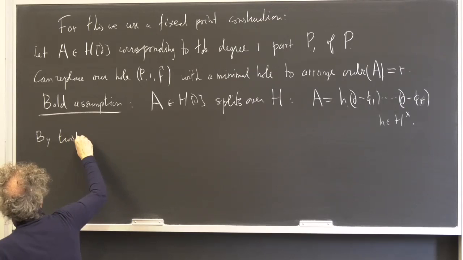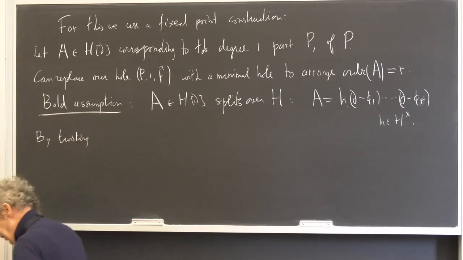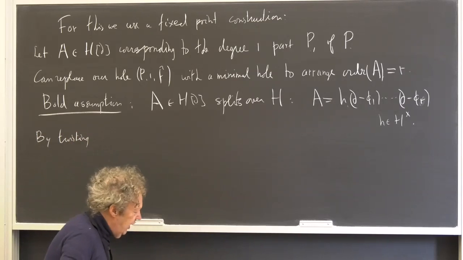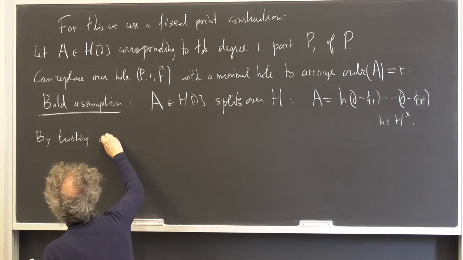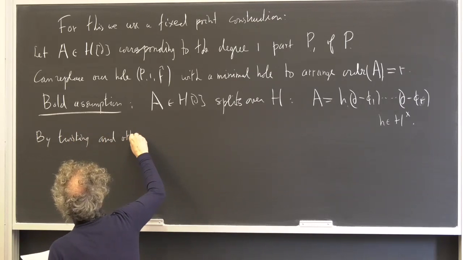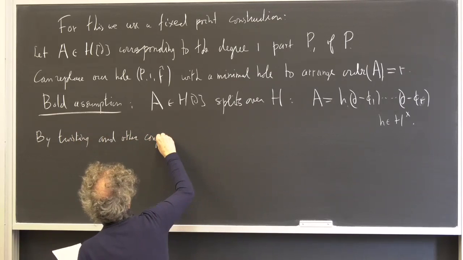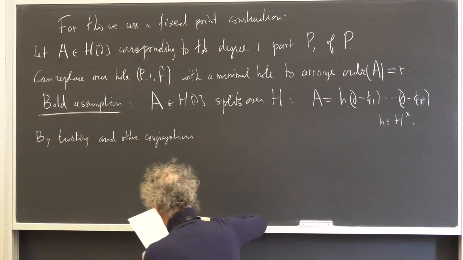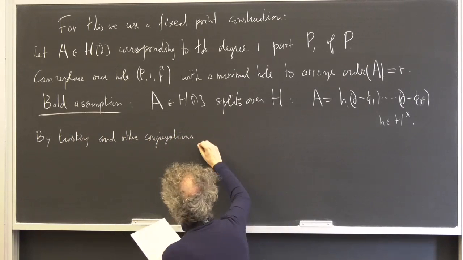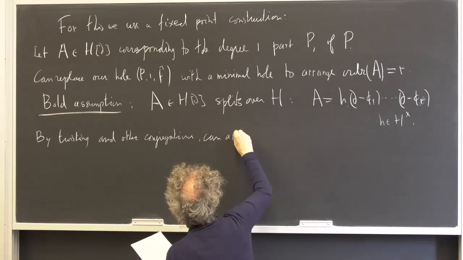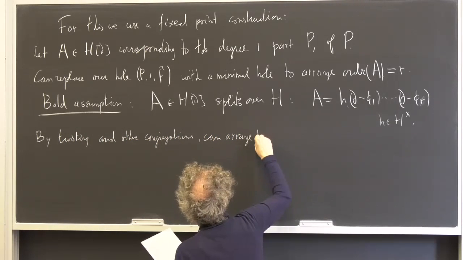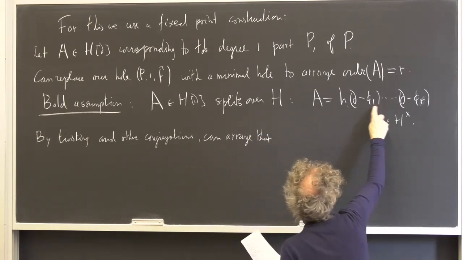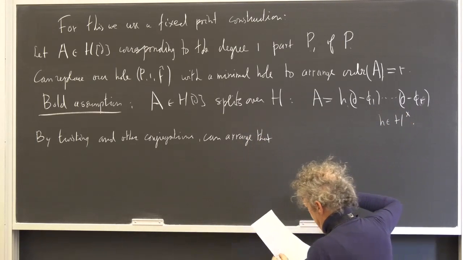I think I mentioned this twisting last time, and other tricks or other conjugations. These are all we can arrange that all these phi's are asymptotic to 1.